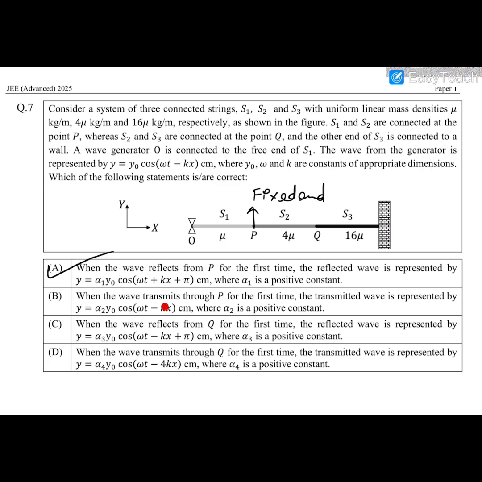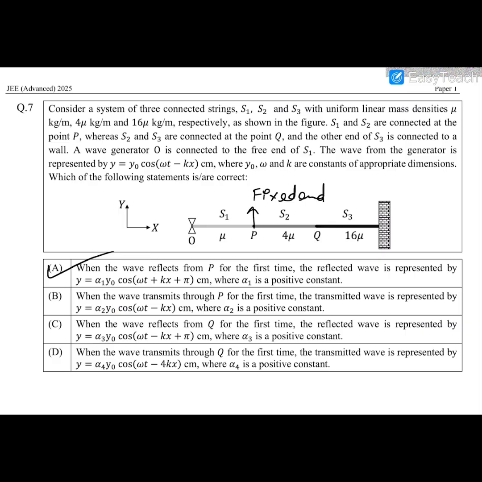When the wave is transmitted from P for the first time, the transmitted wave is represented by this equation, where alpha 2 is a positive constant. Now for the transmitted wave, the direction of incident and transmitted wave has not changed, so the signs of omega t and kx would be different in the transmitted wave also, and the amplitude will also be different.